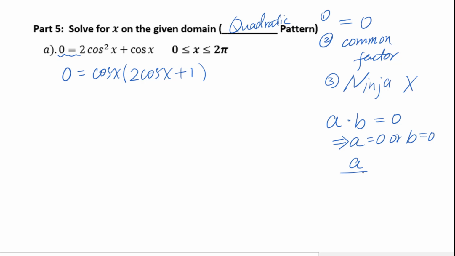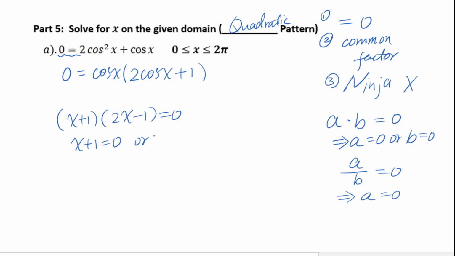If A times B equal to 0, means A equal to 0 or B equal to 0. For example, if we have x plus 1 times 2x minus 1 equal to 0, you will set up x plus 1 equal to 0 or 2x minus 1 equal to 0. So we have x1 equals -1 and x2 equals 1 over 2.